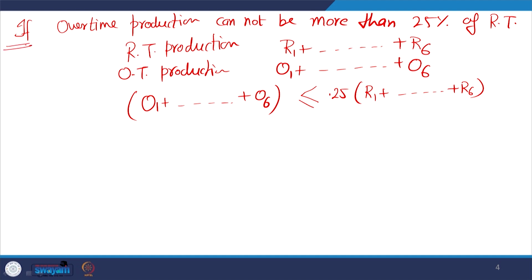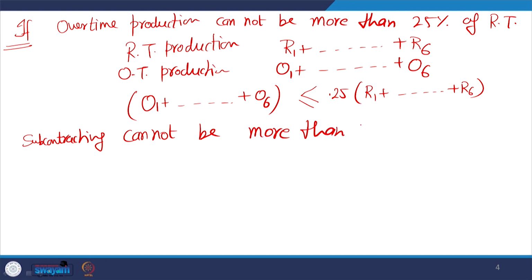Similarly, another constraint can be that subcontracting cannot be more than 20% of regular and overtime production. Subcontracting cannot be more than 20% of regular time and overtime production.